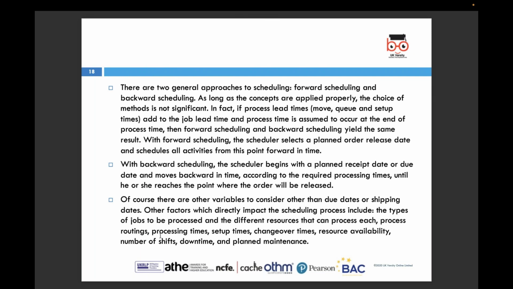So, by considering these processing times, the scheduler ensures that all tasks are completed in a timely manner to meet the desired due date. But it is very important to remember that scheduling is a complex process influenced by various factors.